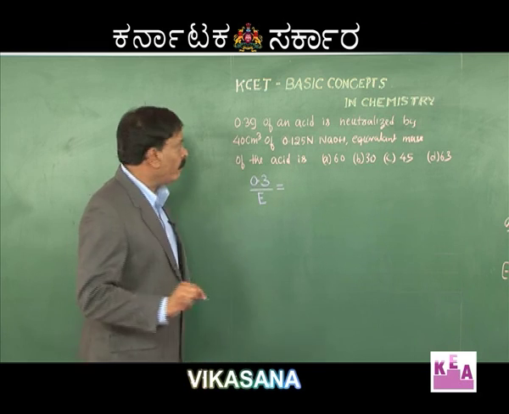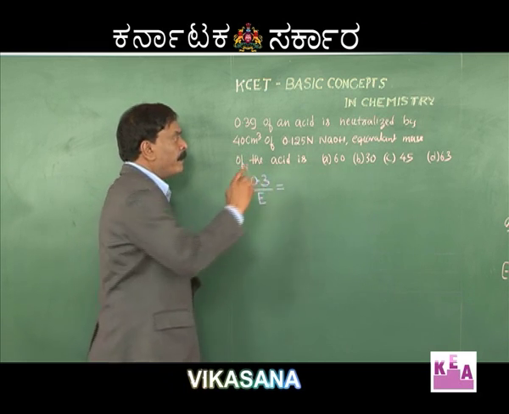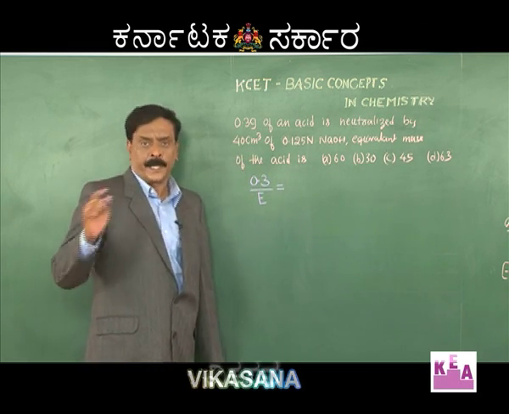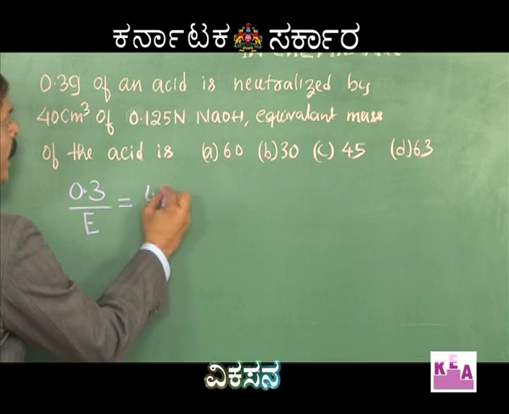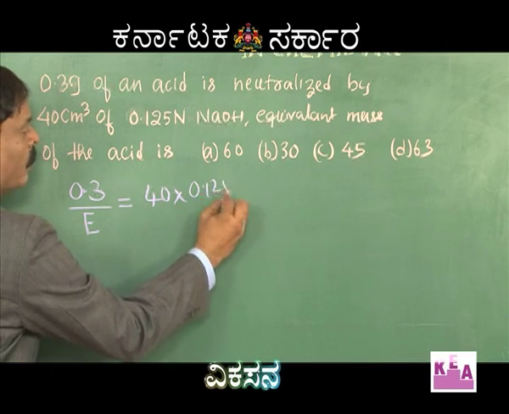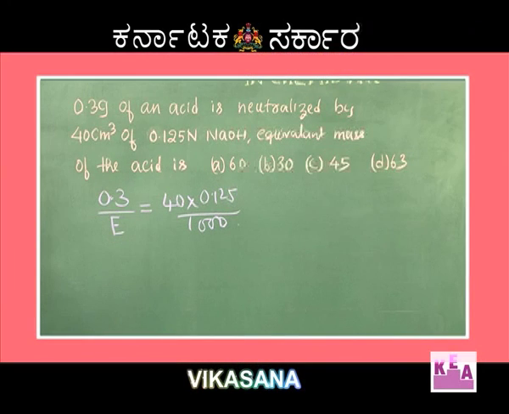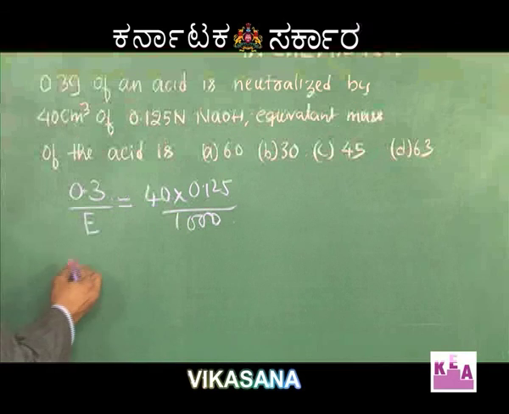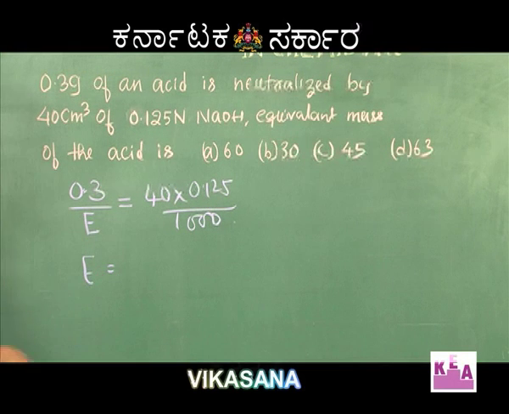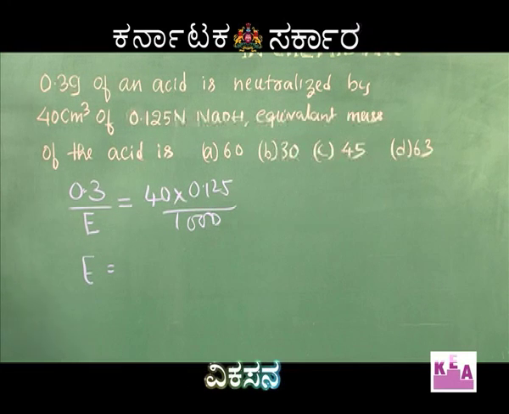The number of equivalents in 40 cm cube of 0.125 normal NaOH is 40 into 0.125 divided by 1000. Please note, the formula to calculate the number of equivalents will be equal to V into N divided by 1000. For the reaction to be completed, this has to hold good. Now you need to calculate E, it is just mathematical simplification.